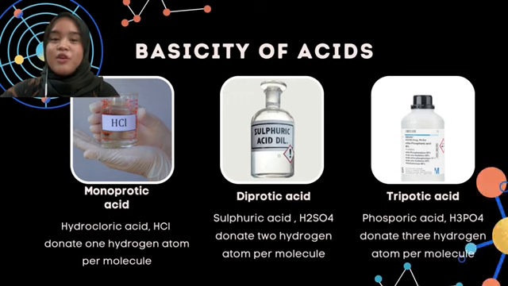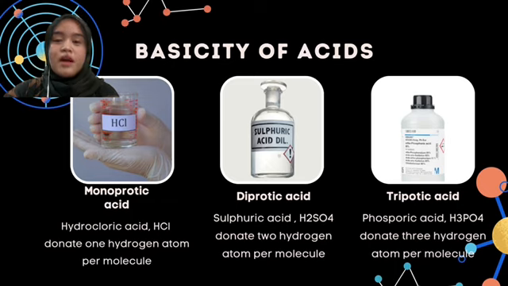Next, I will explain about basicity of acids. There are 3 basicity, which is monoprotic acid, diprotic acid, and triprotic acid. Monoprotic acid is an acid that is able to donate only 1 hydrogen atom per molecule, includes strong acids and weak acids to an aqueous solution.